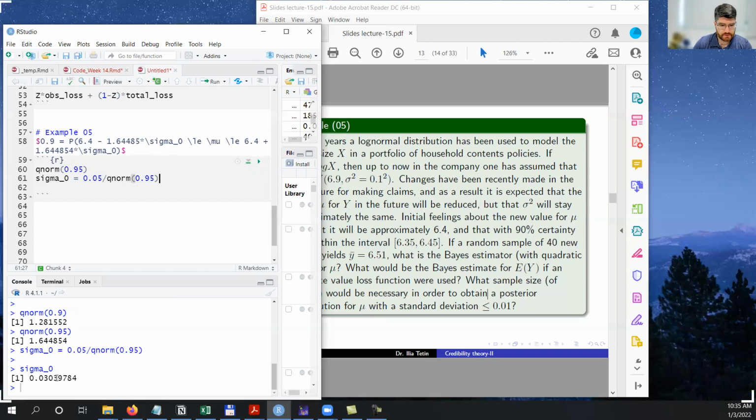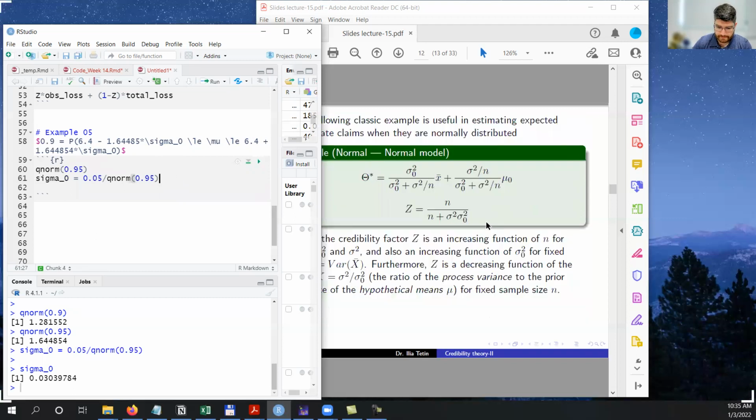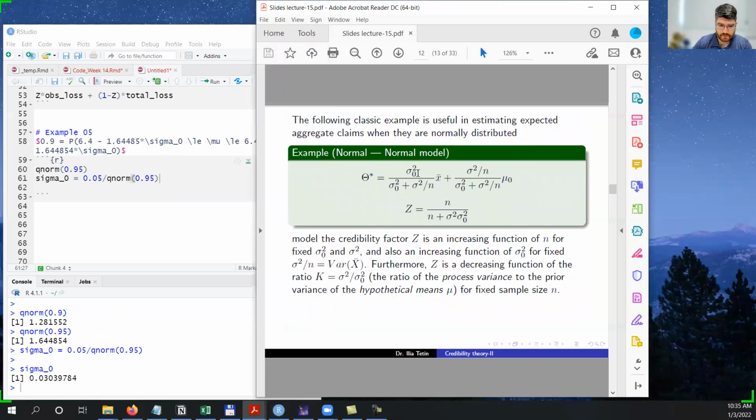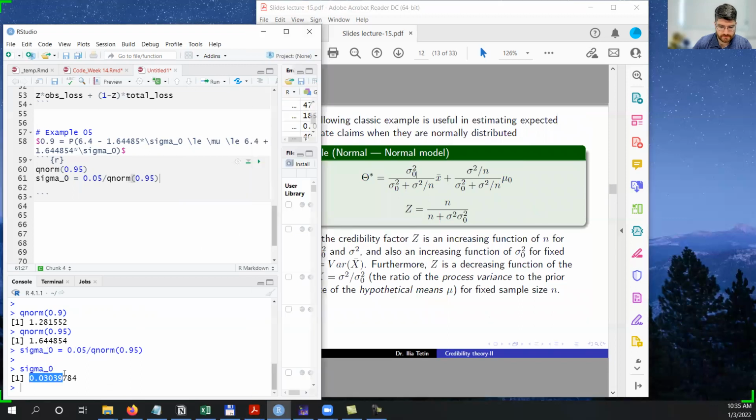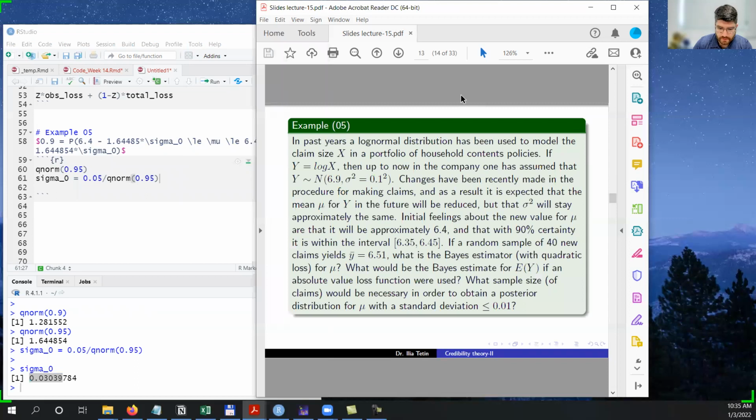The prior distribution for mu is normal with 6.4 as the mean, and the variance sigma 0 squared will be 0.03 squared. The posterior will also be normal with mean given by our formula. We have just found sigma 0 squared. We also know the value of n, from a random sample of 40.